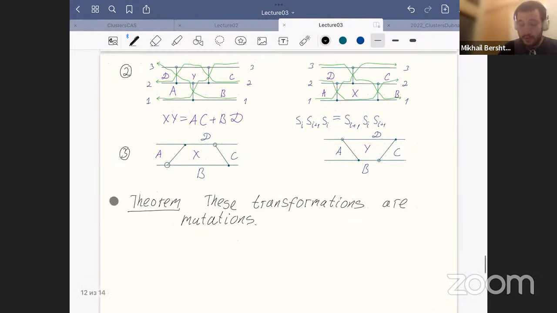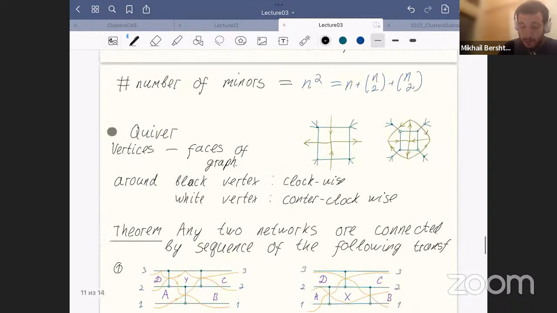So what do I mean? At this point, I constructed the quiver, and I have variables which I assigned to each face. So actually, at this point, I have a seed.